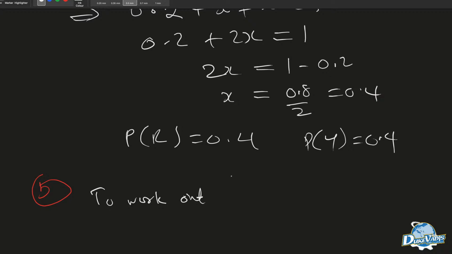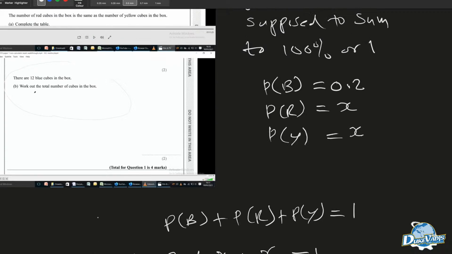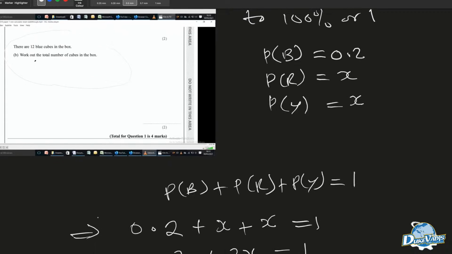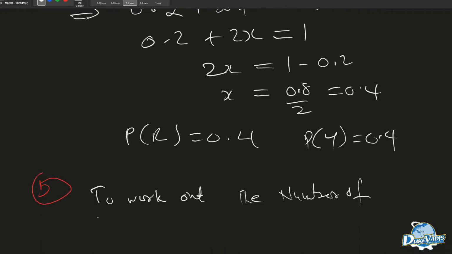To work out the number of cubes in the box, what do we do?